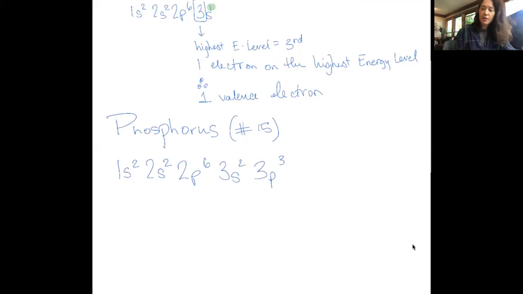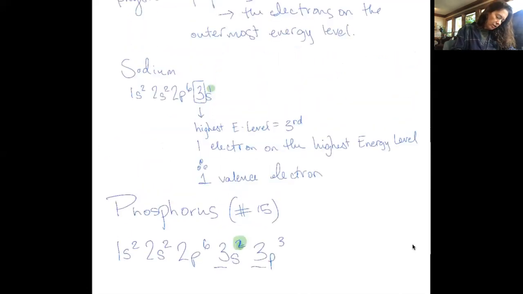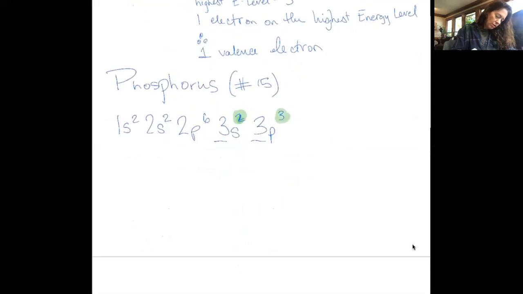Okay, well, let's identify our highest energy level. That is the third, right? I've got 2 electrons in s orbitals on the third energy level, and I have 3 electrons in p orbitals on the third energy level.